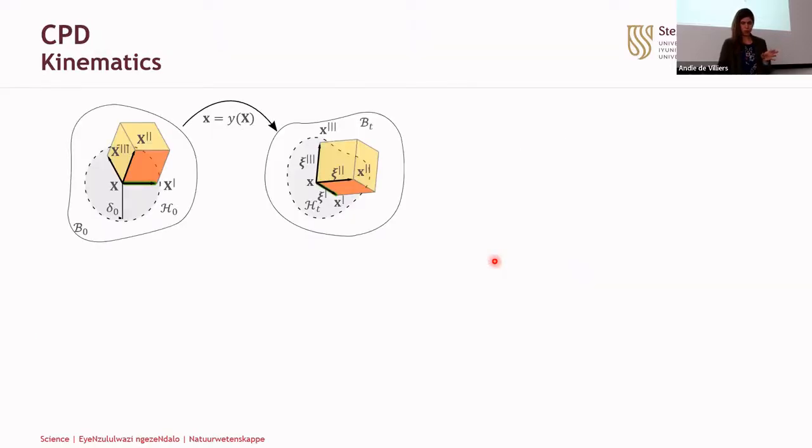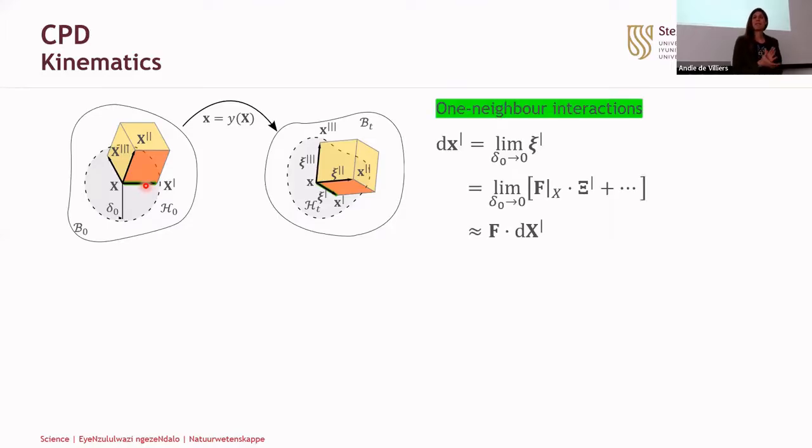Okay, same story, but now with a nicer picture. We want to find the transformations between line, area, and volume. It turns out the first important deformation measure to use is this bond vector itself, so the line, the vector between the point and its first neighbor. And if we consider this when the neighborhood shrinks, so in the case of a local theory, and we use a Taylor expansion and neglect the higher order terms, we can recover the deformation gradient again.